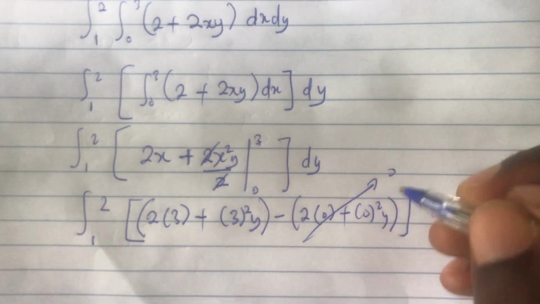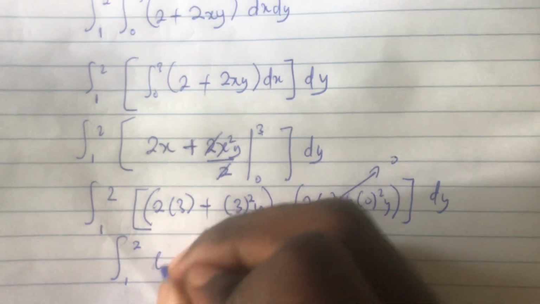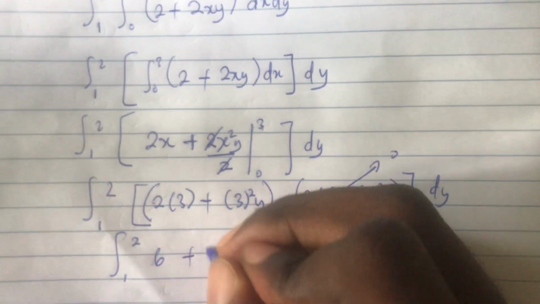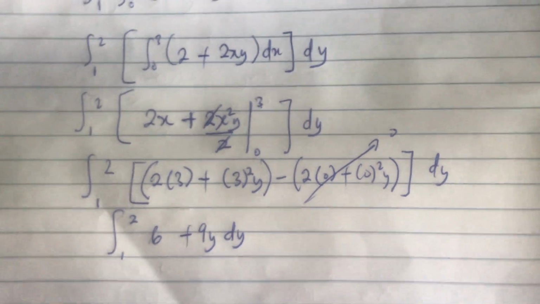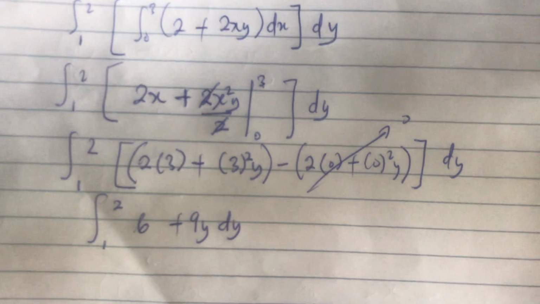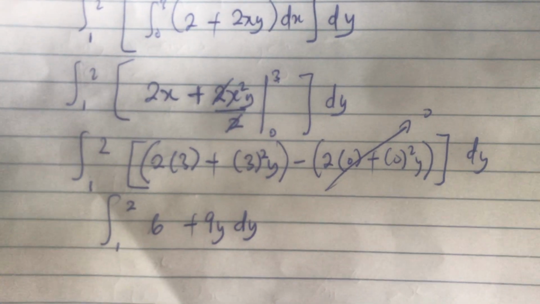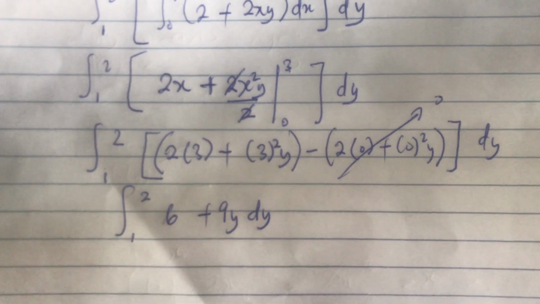So this goes to 0. So here we have 6 plus 9y dy. So now we are done with the first integration. Now we are going to do the second integration to get our answer.